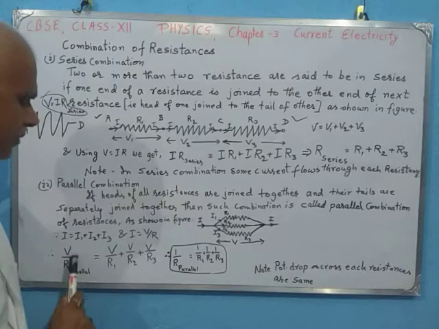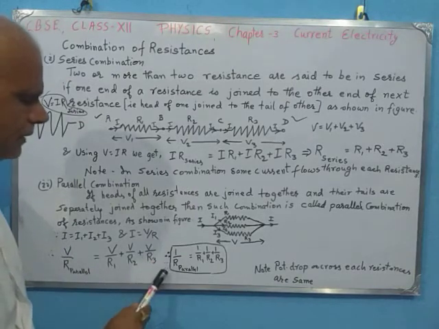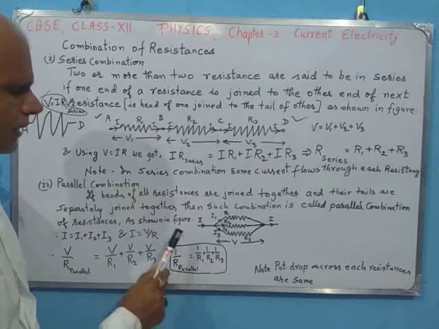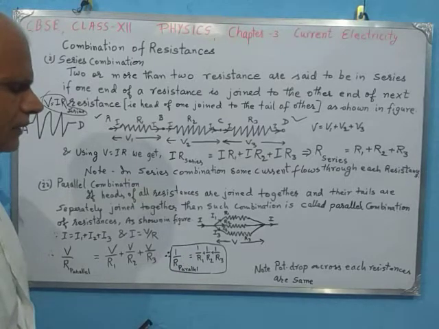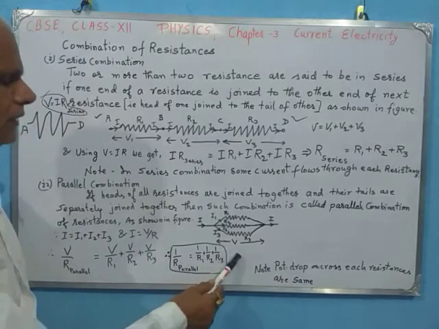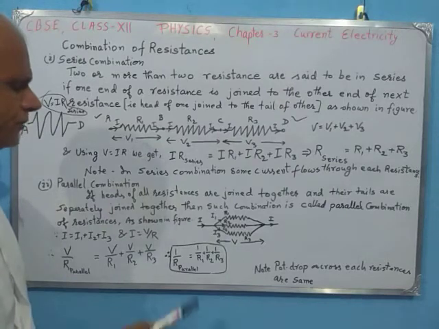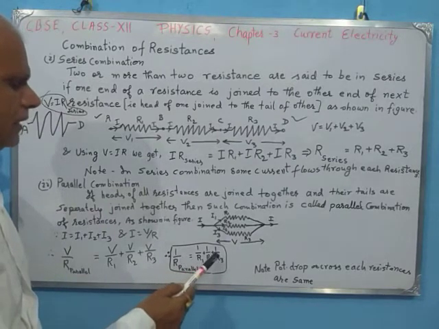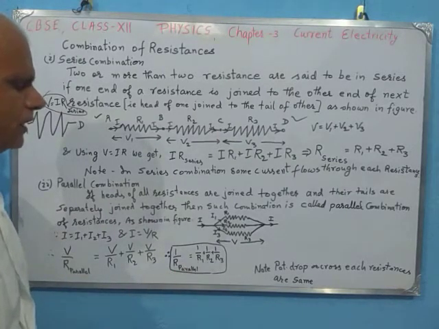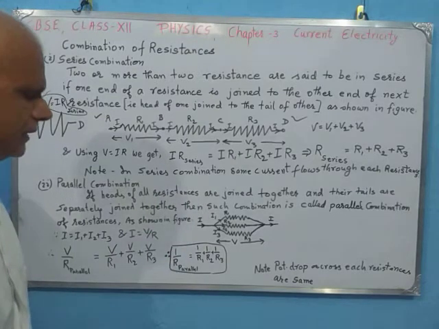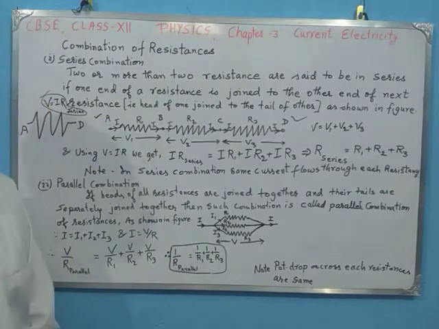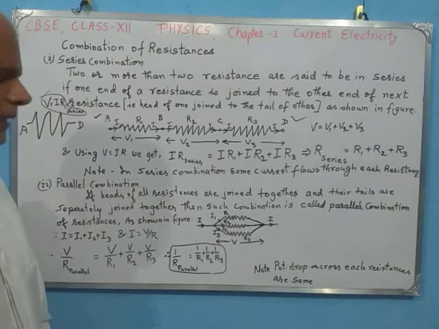We are left with 1 by R parallel is equal to 1 by R1 plus 1 by R2 plus 1 by R3. So in this case the sum of the reciprocals of individual resistances is equal to the reciprocal of the equivalent parallel resistance.